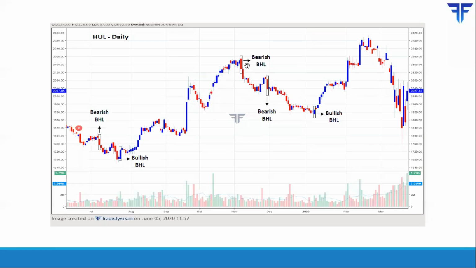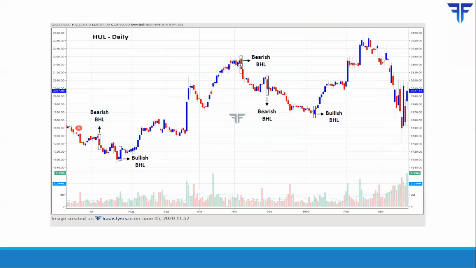Again, it's a classic bearish belt hold line, wherein the pattern is appearing after a very nice uptrend. You have an opening that is very close to the day's high, and then you have a closing that is just above the day's low. So you have a tall bearish candle appearing after a strong uptrend.